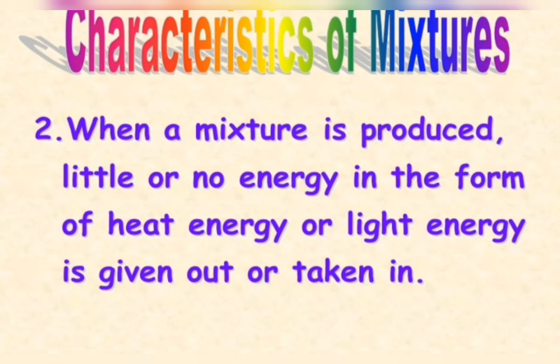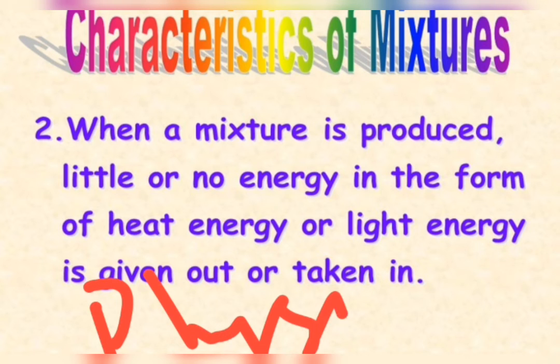Now the next important characteristic is that when a mixture is formed, little or no energy in the form of heat energy or light energy is given out or taken in. It means that energy is usually neither given out nor absorbed in the preparation of a mixture. So you can say that formation of a mixture is a physical change.